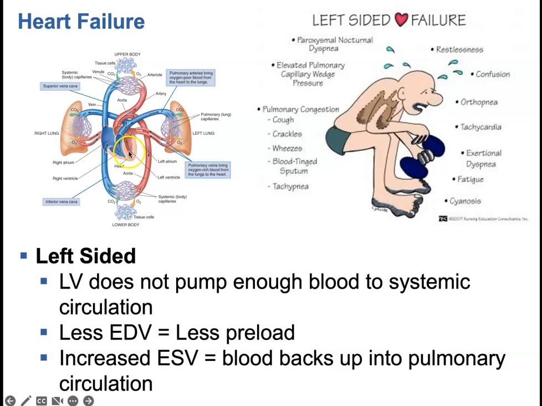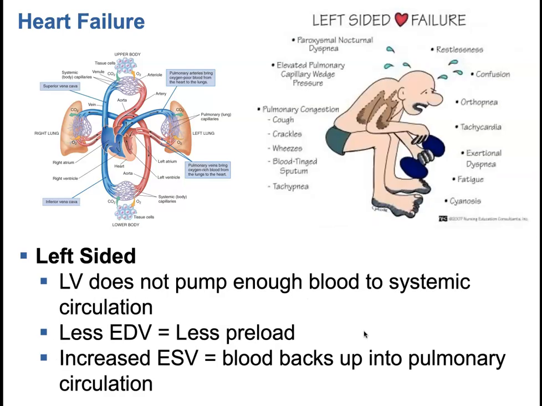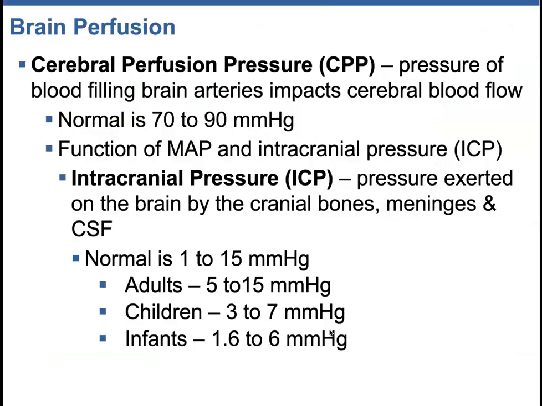And as that increase in ESV continues, now the fluid returning back to the heart will start backing up into the lungs, and then that is why you end up with pulmonary edema, and the patient is having issues with fluid building up in their lungs. So right-sided heart failure is going to lead to peripheral edema, and then left-sided heart failure will end up causing problems with pulmonary edema. Eventually, they'll both cause issues.